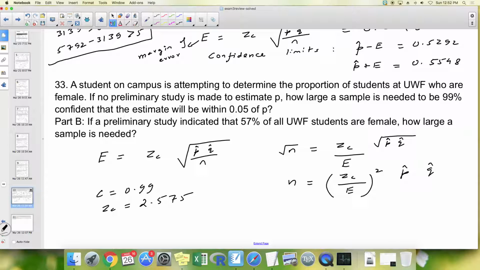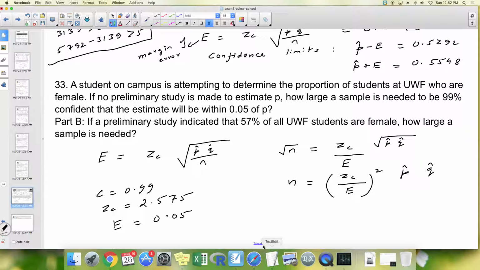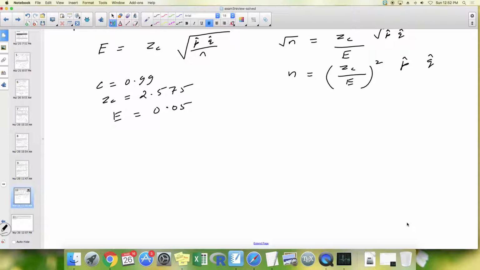Of course, they want E to be 0.05. And they're also saying that if no preliminary study is made, all right, so we have no idea what p hat and q hat are.